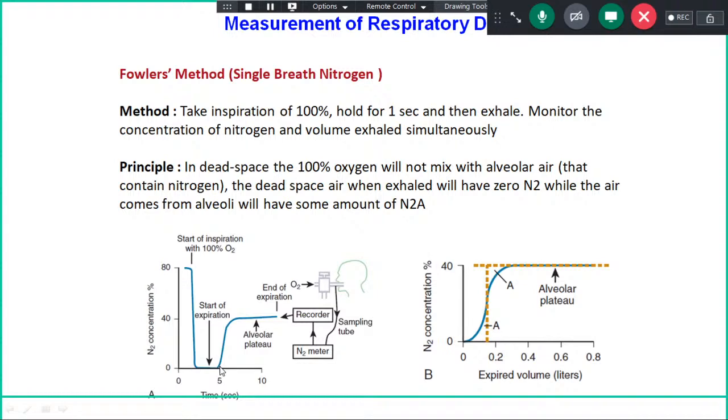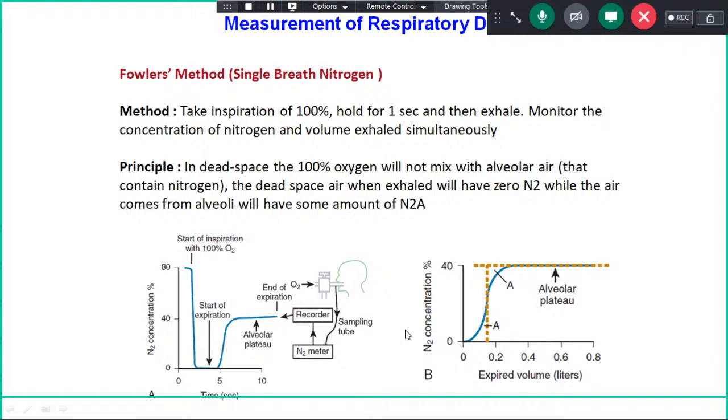then ask to exhale, and you collect the exhaled air separately to know the volume also, and monitor the concentration of nitrogen at the mouth to know how the nitrogen is changing as the person is expiring out. So I think you can guess that as the person expires, the first air which will come out will be from the conducting airways.